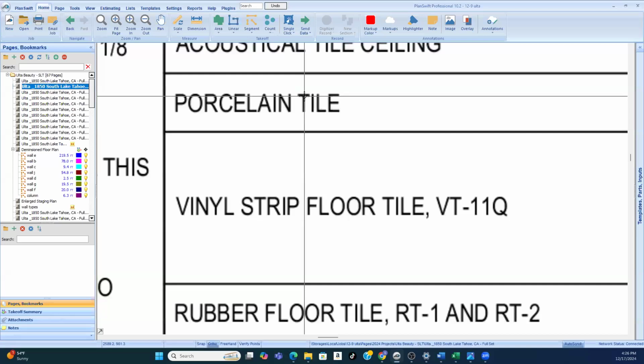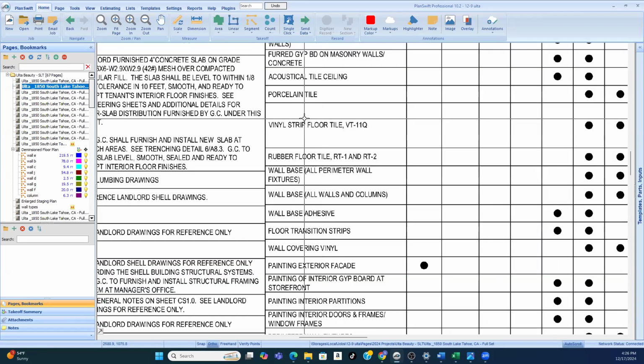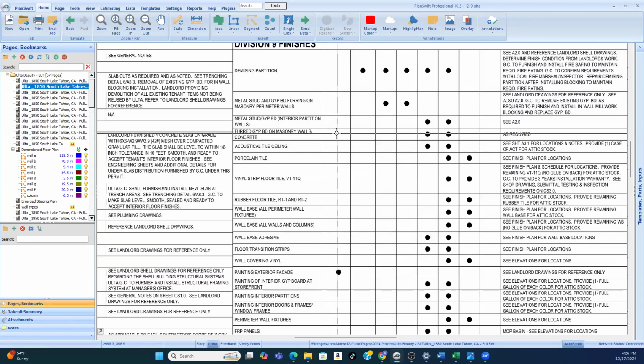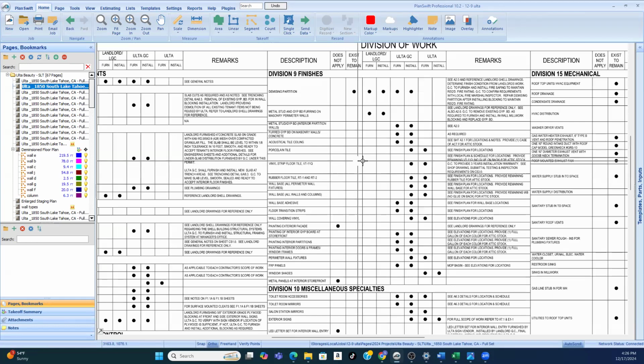And so you have to be able to know, if you're the tile person or you're the vinyl strip floor tile person, where do I go in the specifications to read about my scope of work, so I make sure I do the job according to what the owner wants and I price it right, all of that stuff. Okay, so everything in the architectural set pretty much will be in Division 9, finishes.